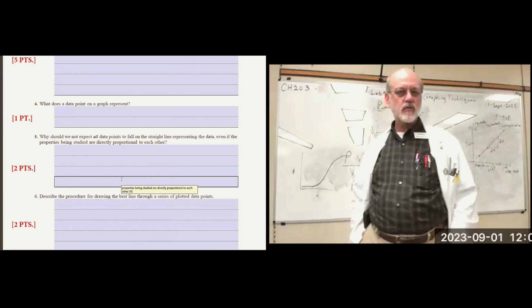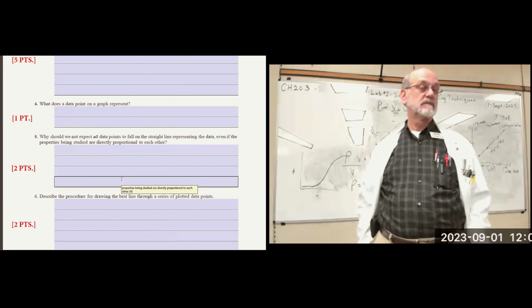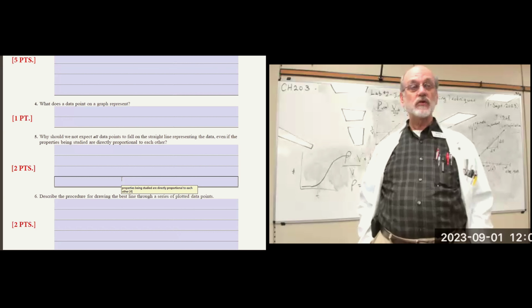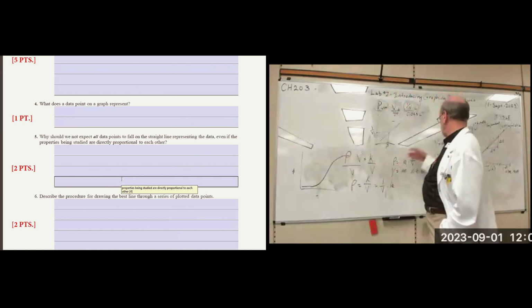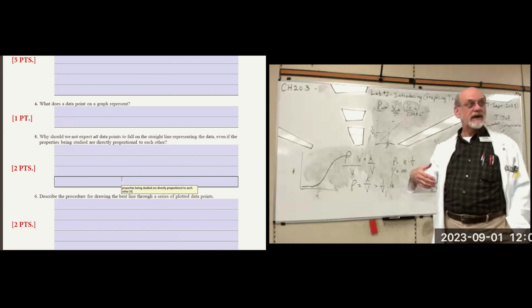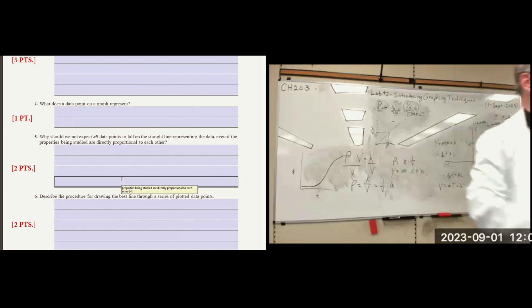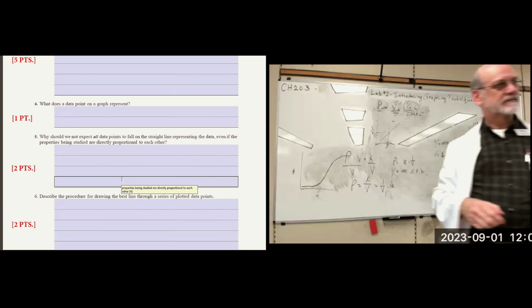How should we not expect all data points to fall on the straight line? Should we expect them to fall on the straight line? You know, if they're this type of data set, should they fall on the straight line? Why not? Yes, one word, uncertainty. Every measurement has built-in uncertainty.